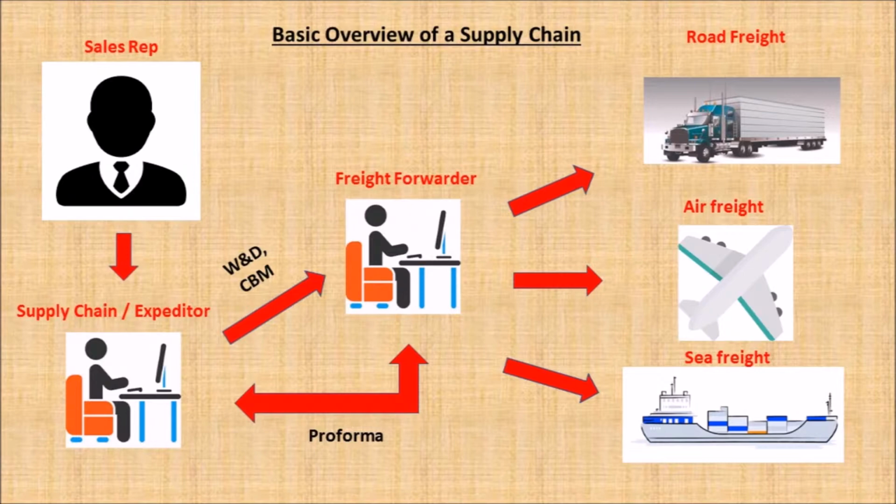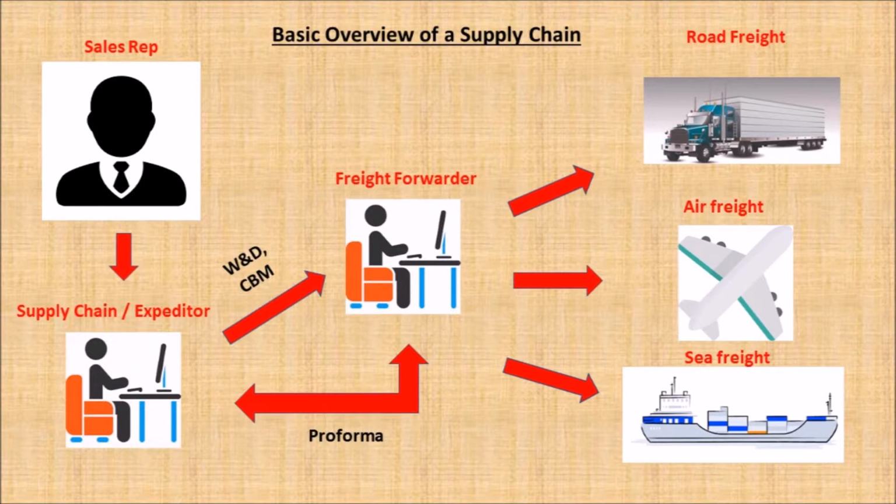Well, air freight and sea freight are obviously overseas, so let's say we go with the overseas option in this example. Once the supply chain guy has written down everything or cubed out a container for the sake of sea freight, he puts out a purchase order and gives it to the freight forwarder. The freight forwarder can then put it onto the vendor.